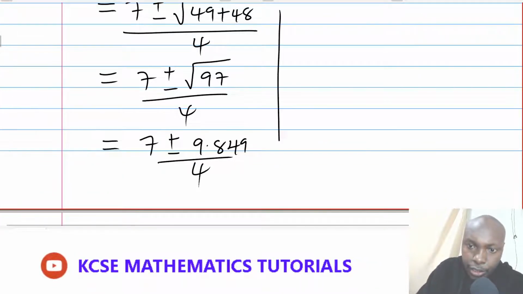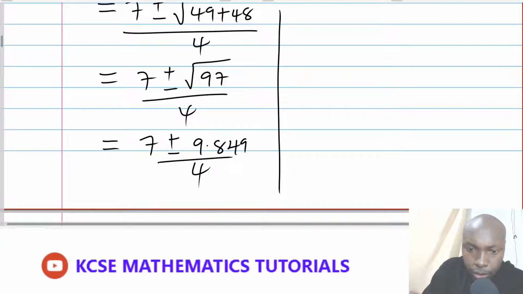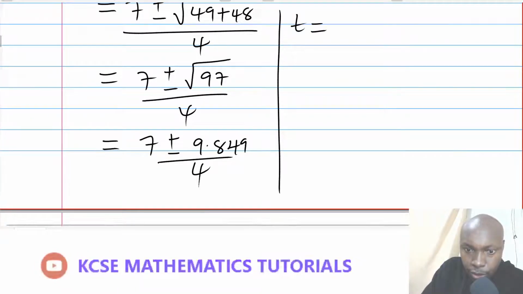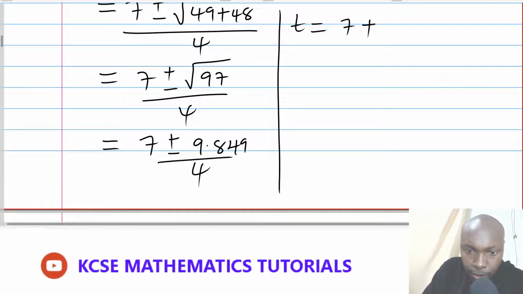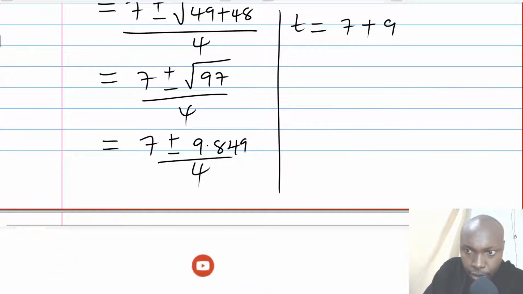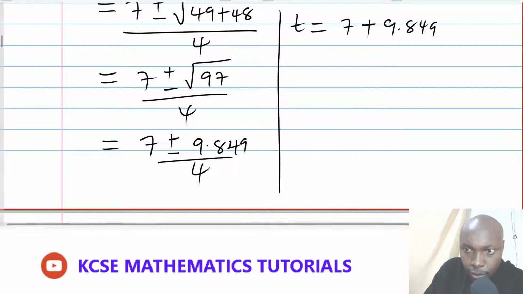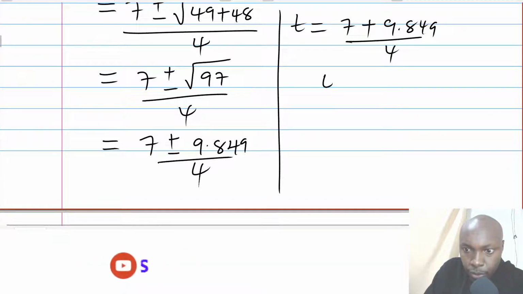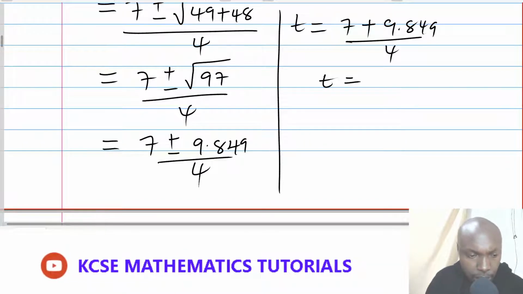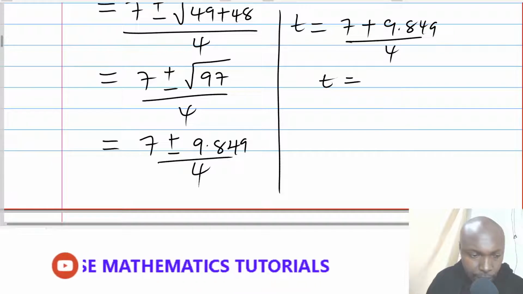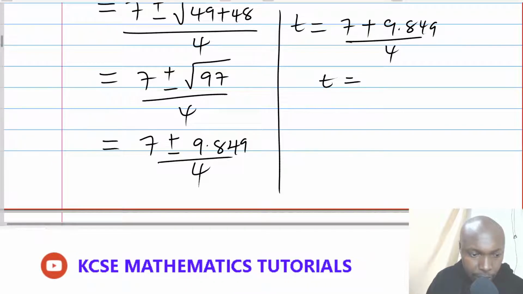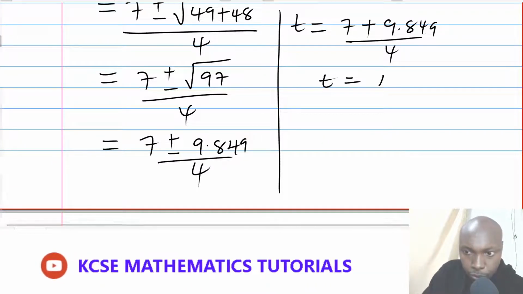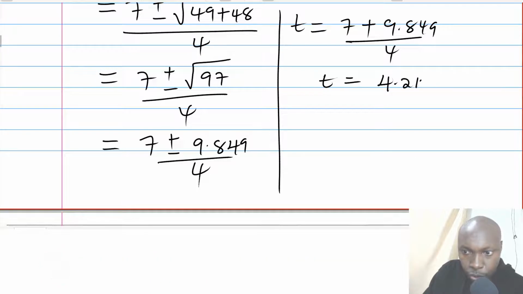Now, after getting these, the first value of t will be 7 plus 9.849, since we take the positive sign, divided by 4. Working this out, the first value of t is 4.212.